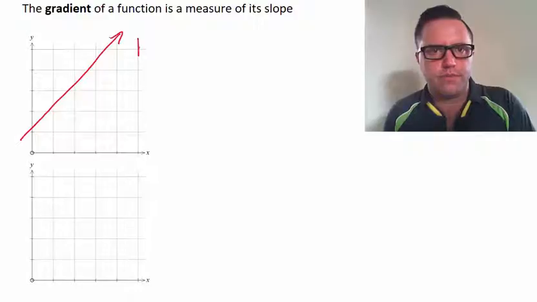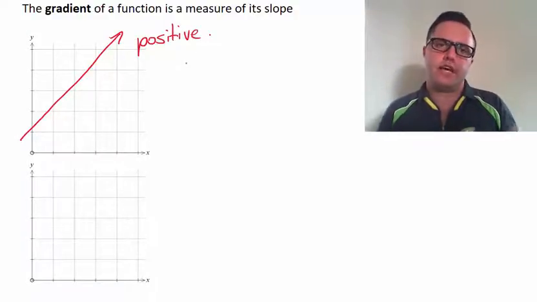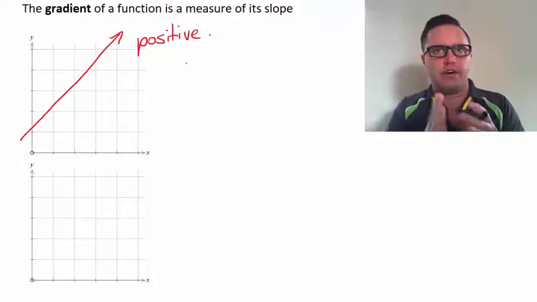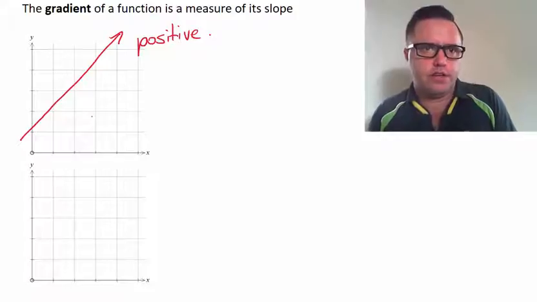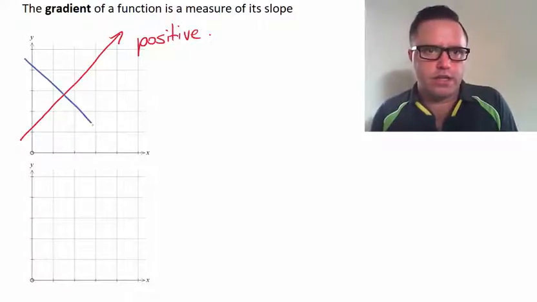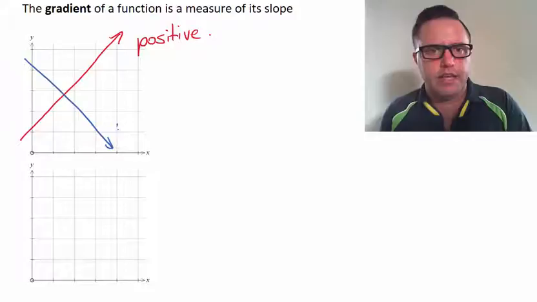This is a positive slope, because as it's going along, it's going up. And you can have ones that go this way, and so this would obviously be a negative slope.